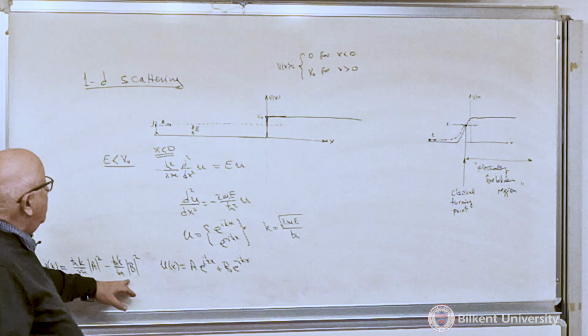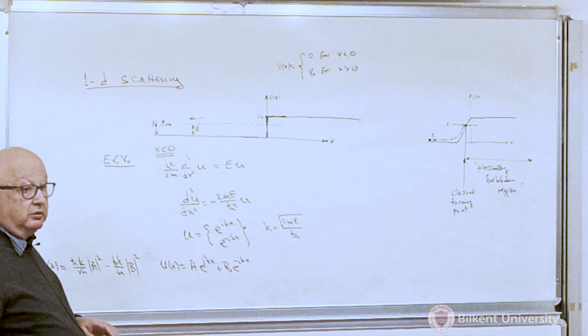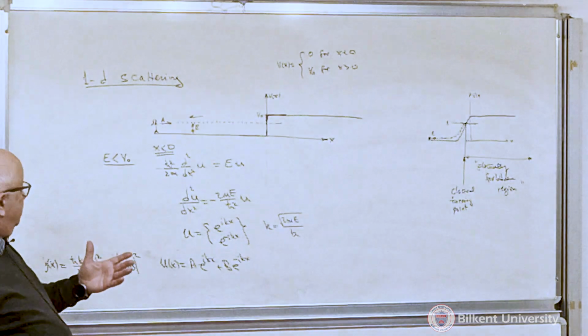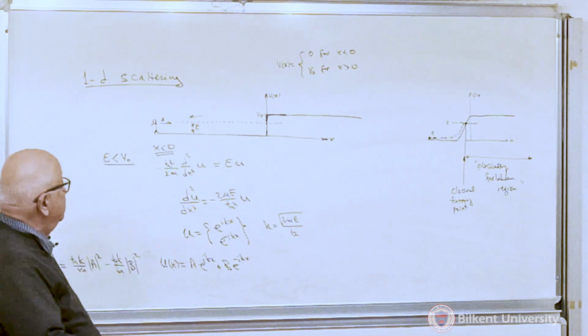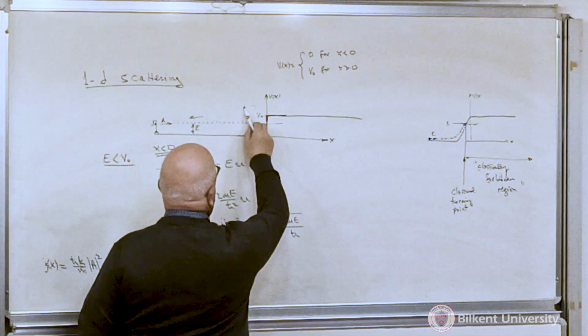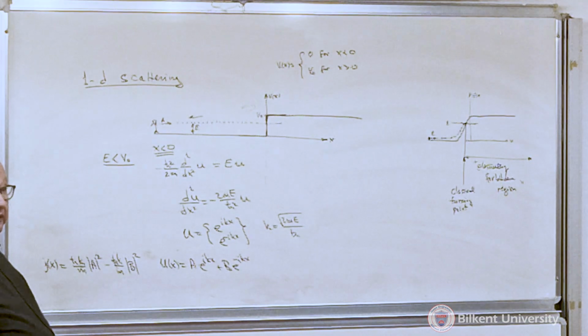B is probability current towards the left. So if there is such a term here, that must mean particles are being reflected from this potential and are coming back.